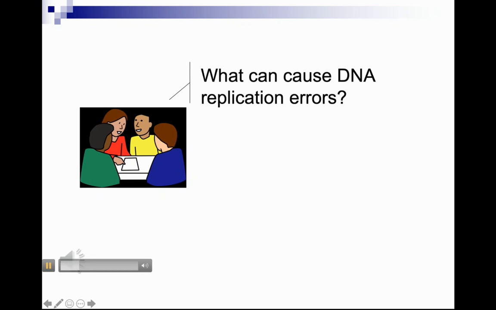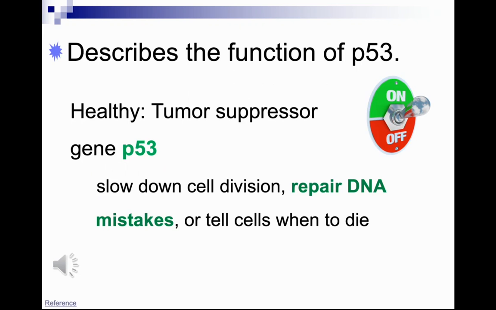Carcinogens can cause DNA replication errors, but we want to repair those replication errors. Again, let's think about P53 and the function. A healthy P53, a healthy tumor suppressor gene, will slow down or control cell division, will repair DNA mistakes, or tell cells when to die, when to commit cellular suicide or apoptosis.